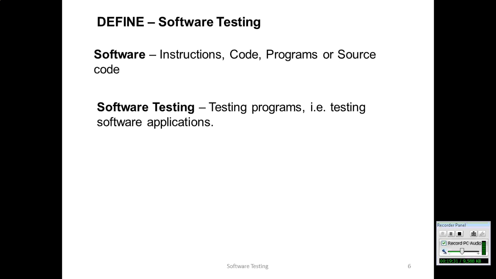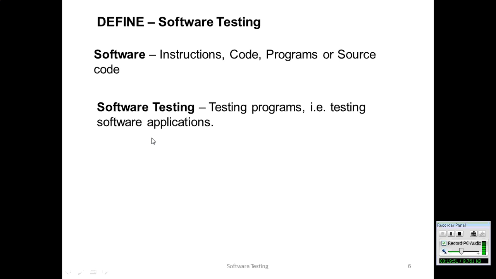That's why we call this software application testing. We are not testing the programs. The programs are written to make them into an application. Since we are working on the application, we are testing the application. That's why it is called software application testing.